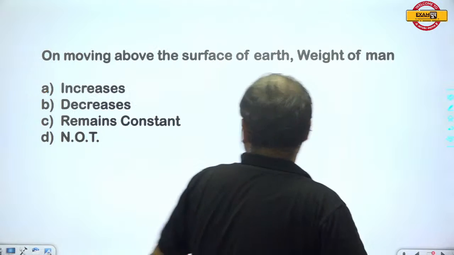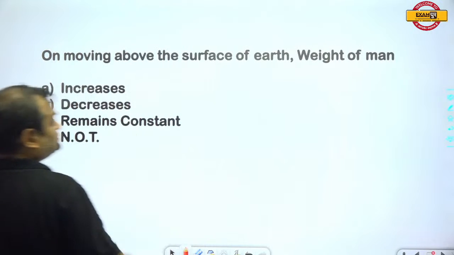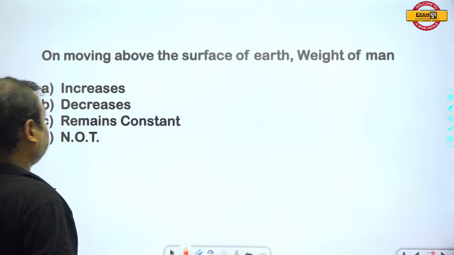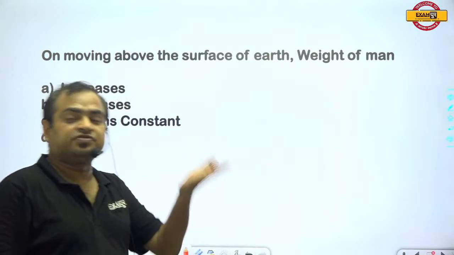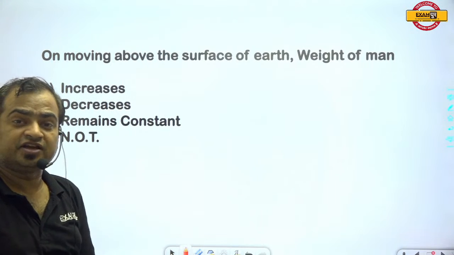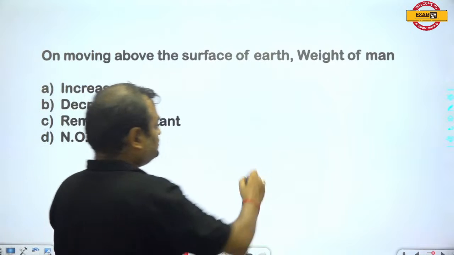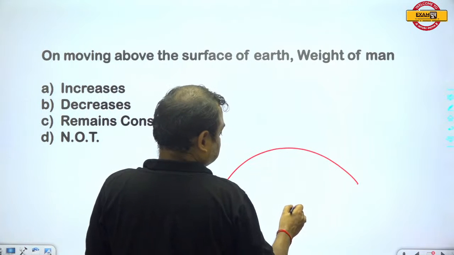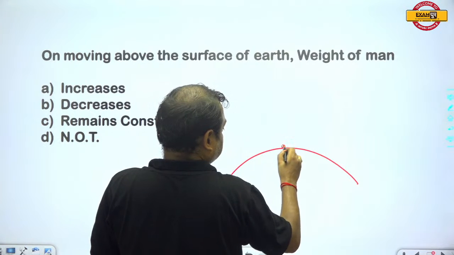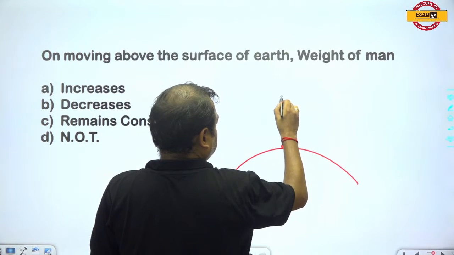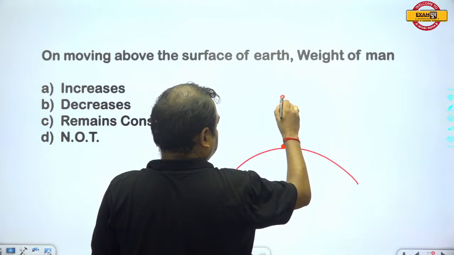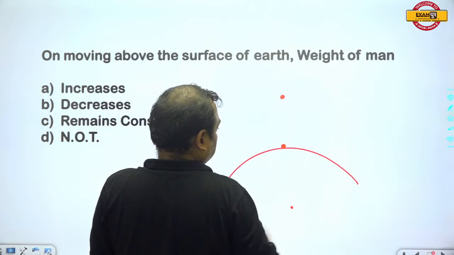On moving above the surface of earth, weight of man: when we go above the surface of earth, the value of gravitational acceleration decreases. Suppose a man is standing here and is then placed at this higher place.